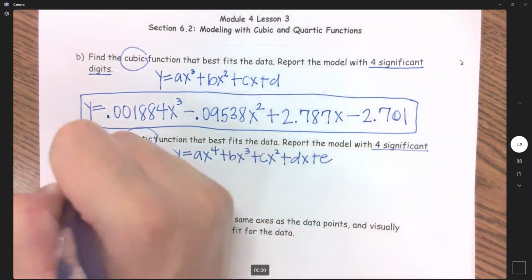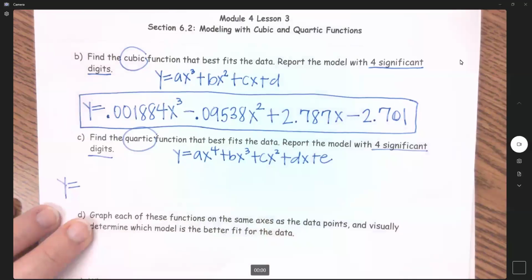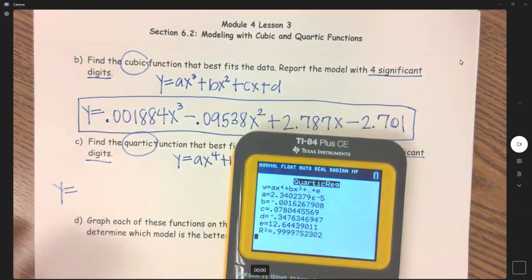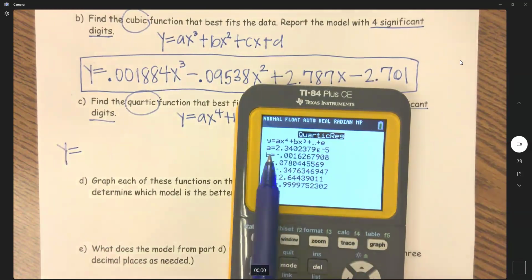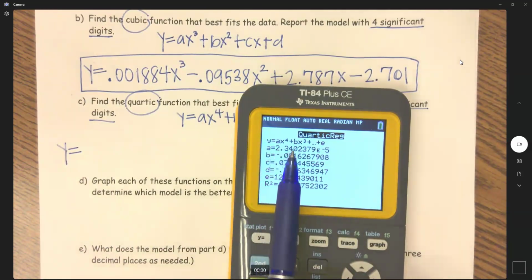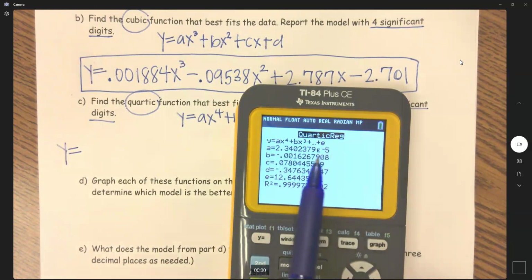Okay, now this one's a very long one, so I'm going to come way over here. And right from the get-go, we've got to be careful here. We have our a equals 2.34 and some more digits, but notice as you get down over here, this is e to the negative 5. This right here is in scientific notation.